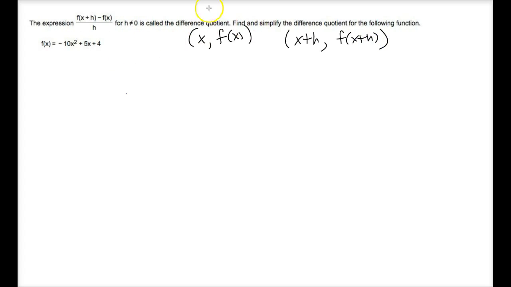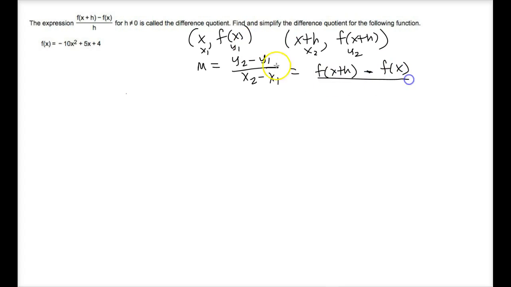Now if we recall that our slope of a line function is just the change in y values over the change in x values, then if we label this x1, y1, x2, y2, you will see that when we write this all out, our y2 is f of x plus h, minus y1, which is f of x, and x2 is x plus h, and x1 is just x.